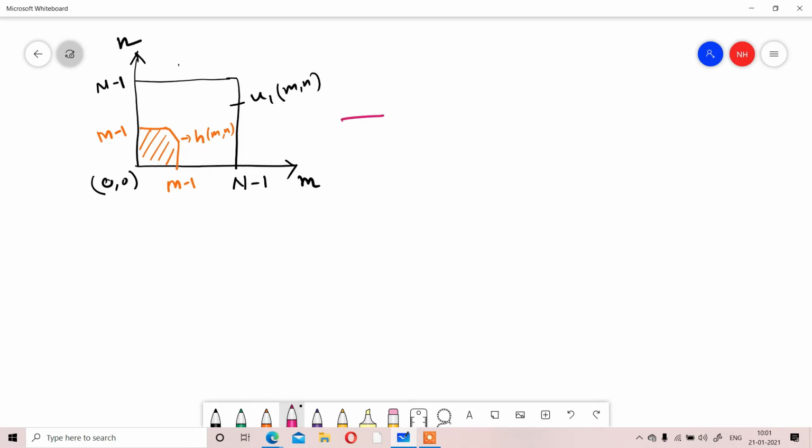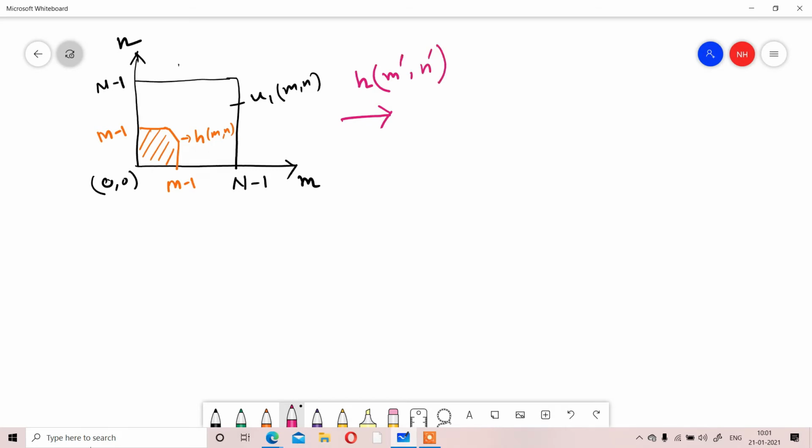First, that expression, try to understand this clearly. We are trying to calculate h(m', n').